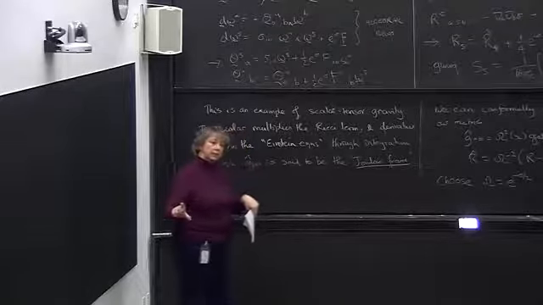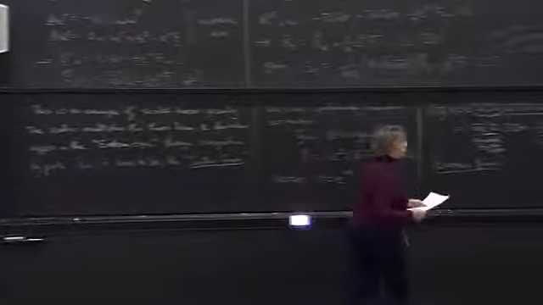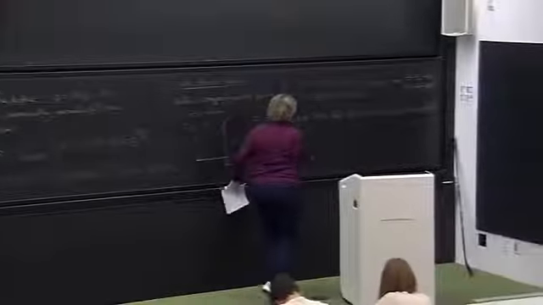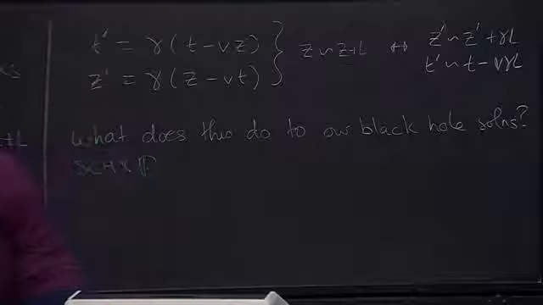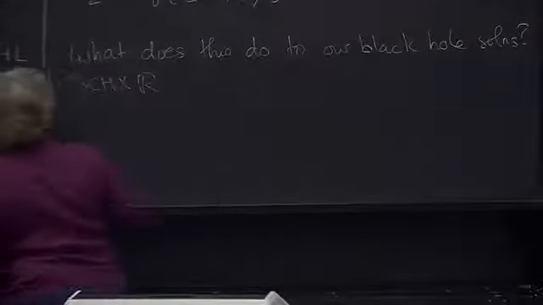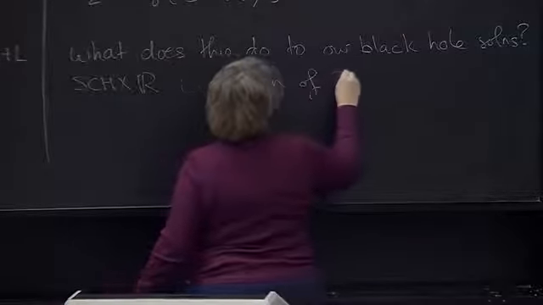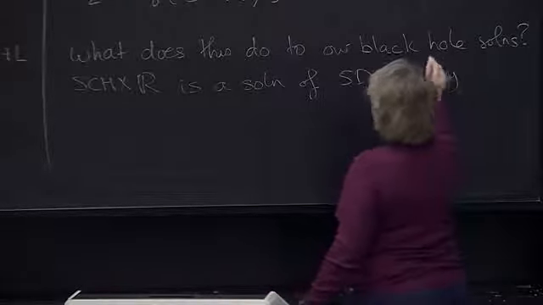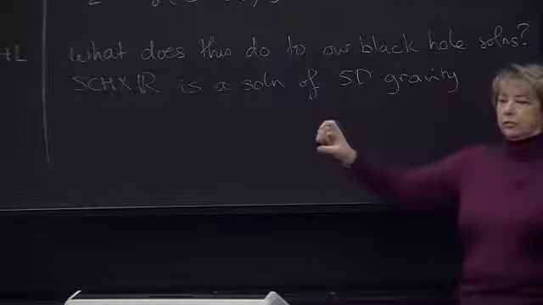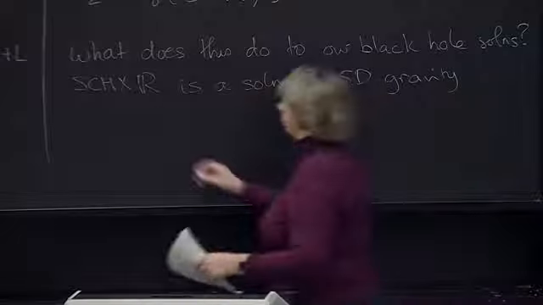It's got to be translationally invariant in the Z direction. And fortunately, it turns out that our very simplest solution, the Schwarzschild solution, if we translate it in the extra dimension, we just get a black string, that's also a solution of 5-dimensional gravity.